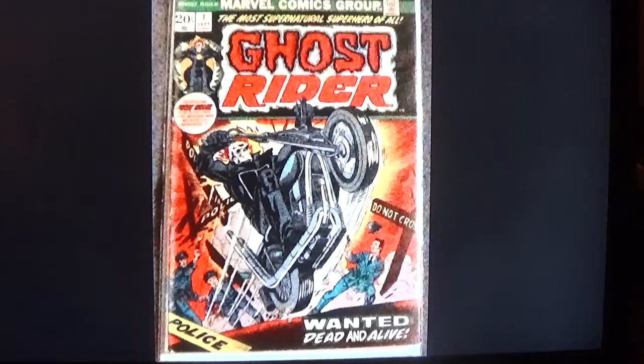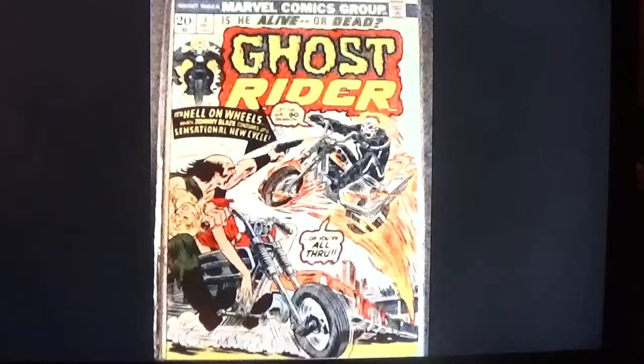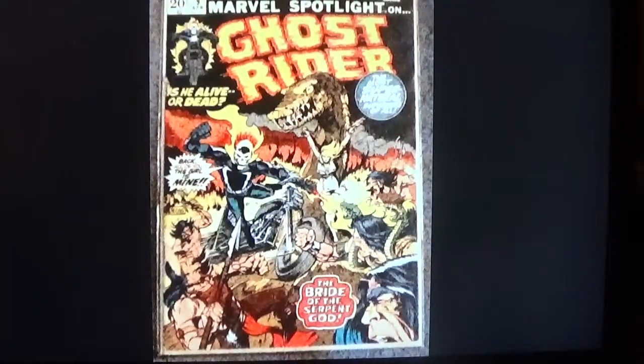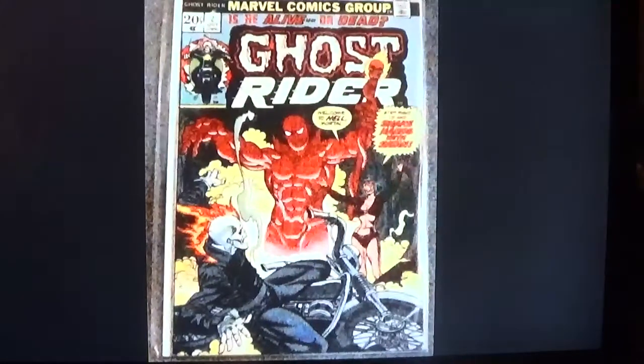His skin melts off his face and his face becomes a flaming skull. And he has no idea what to do about it. And that's where Marvel Spotlight 5 comes in. It gives us the origin of Johnny Blaze, how he got to that point, and sets him up.